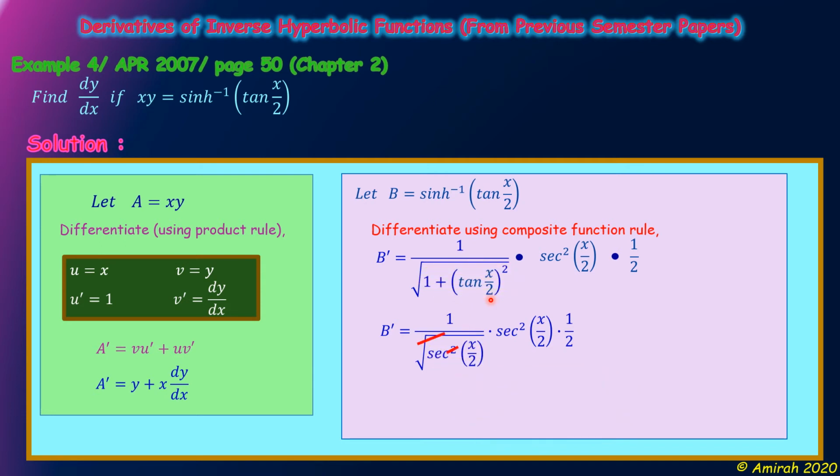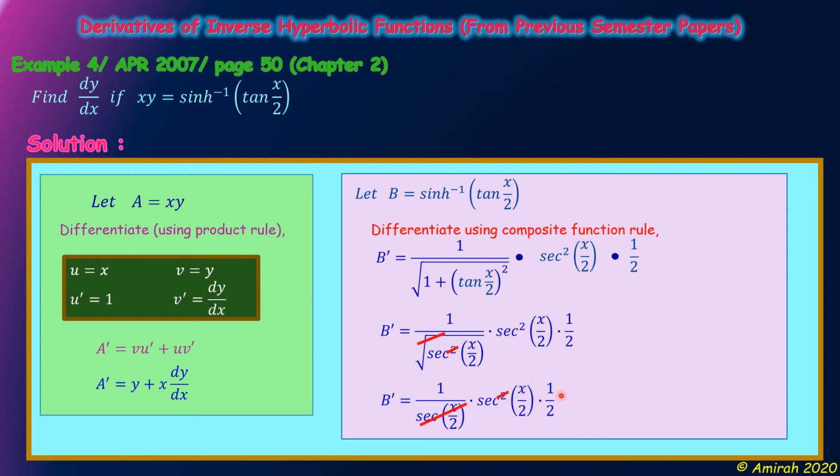And then after that, we can simplify the square root and square inside the square root here. After we simplify, we have no more square root symbol and no more square. So we just have 1 over sec x over 2, times sec squared x over 2, times half.